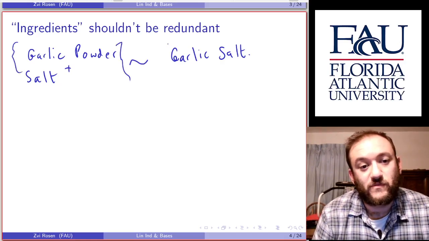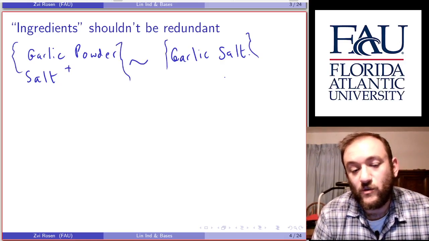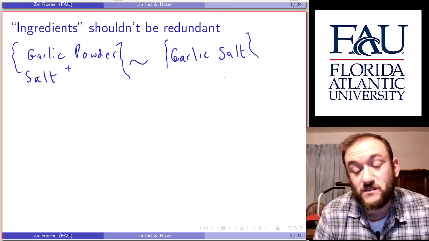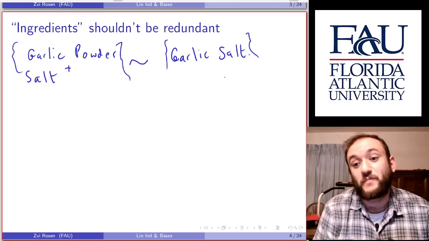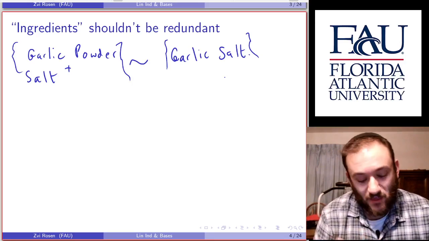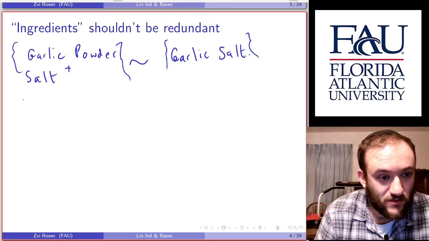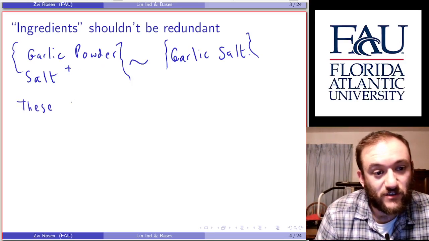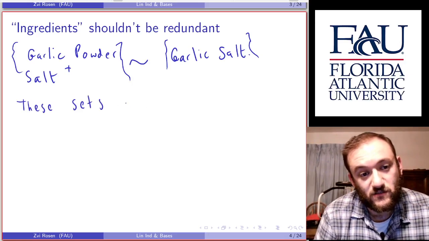And so there will be no way for somebody who's writing a recipe to know whether they should use the garlic powder and salt or the garlic salt, because it's the same thing. So these sets of ingredients will get confused.